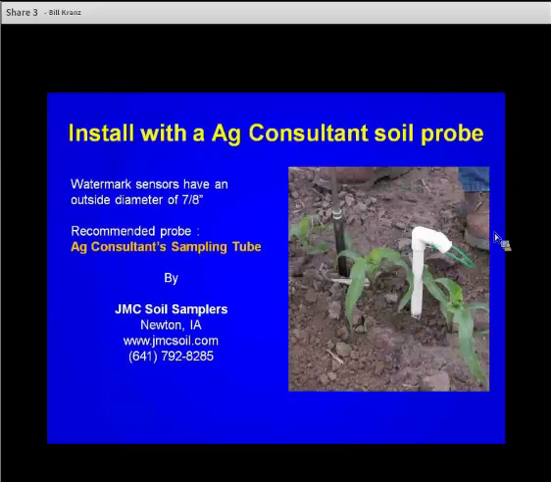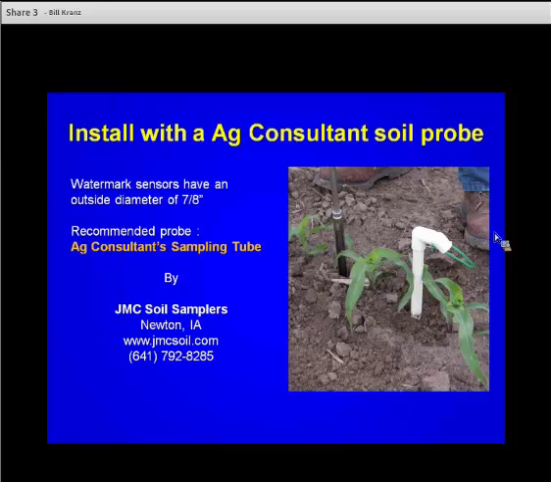So installation is critical with these, as with all the sensors that we're going to talk about today. And with the Watermark, if we want to get water moving in and out of that soil block, we need to have a good fit between the soil profile and the sensor itself. In this case, we want to use an Ag Consultant sampling tube, which is available with the company here.